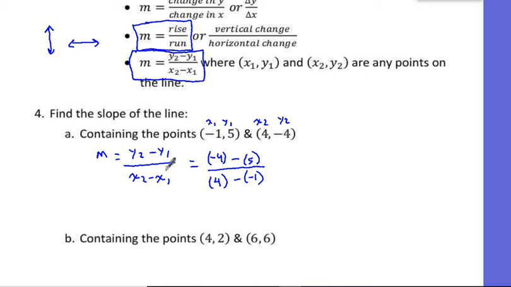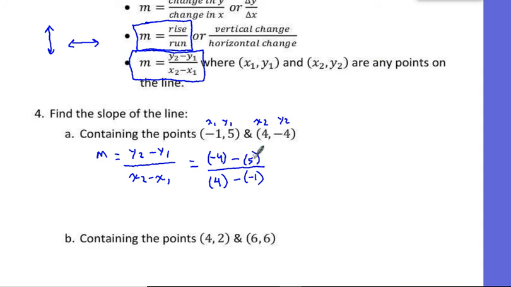I want to point out some things about this formula and what we've just done. Point 2, y2, x2, is stacked above each other. And point 1, x1, y1, are also stacked above each other with the y's over the x's. That will help you stay organized if you check for that.